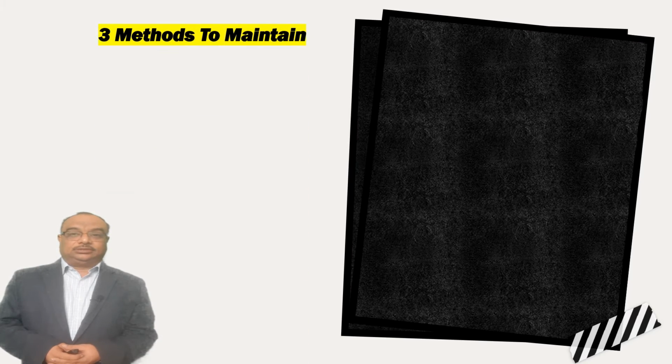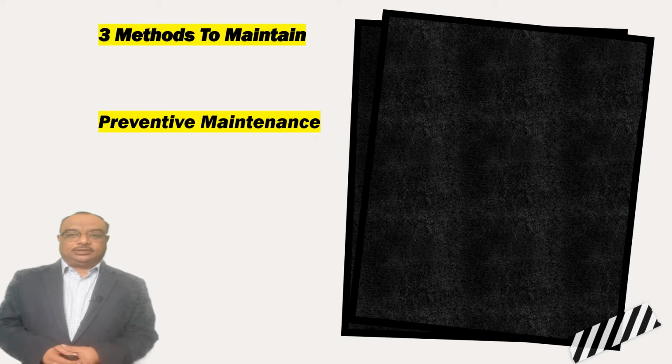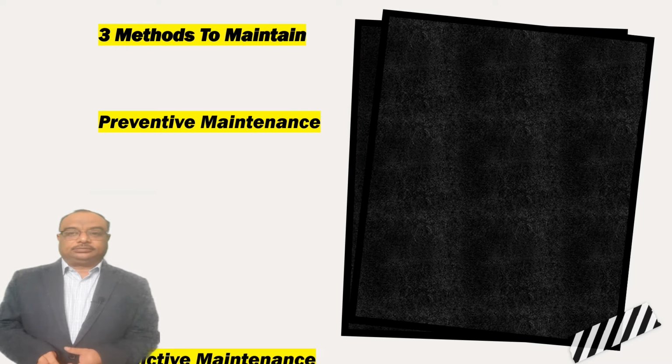Here it is important to understand that there are three methods to maintain the infrastructure, or specifically machines. What are these three methods? The first method is preventive maintenance. The second method is predictive maintenance.